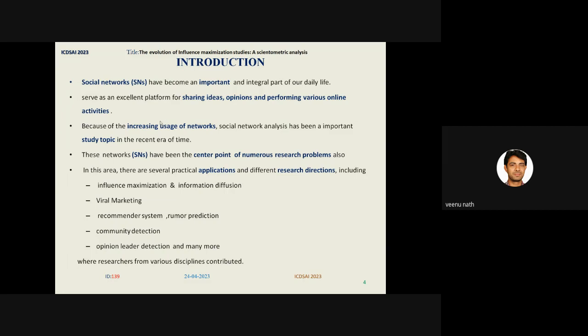Because of the increasing usage of social networks, this is an important topic in recent times. These social networks have been the center point of numerous research problems. Also, in this area, there are several practical applications and different research directions, including influence maximization, information diffusion, viral marketing, recommender systems, and so on. These are the major research areas under the social network discipline.